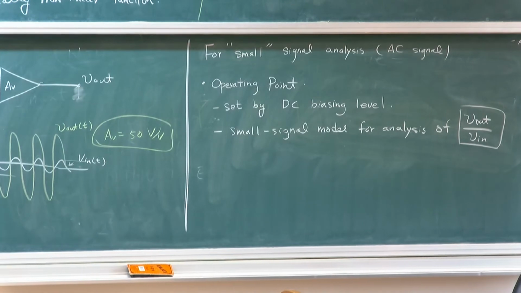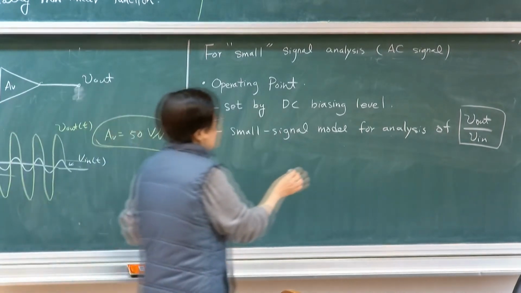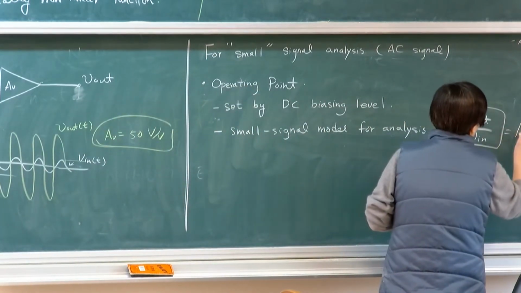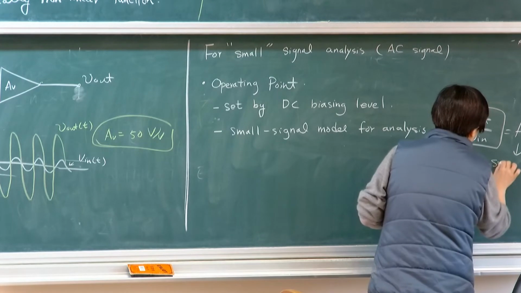Once I decide where my best point is, I look at this particular point. If I move a little bit to the left and a little bit to the right, what is the corresponding response? So I do some little tests to see what happens if I'm standing at a particular point, the output and input response. That will give me what we call the voltage gain, or referred to as the small signal gain.